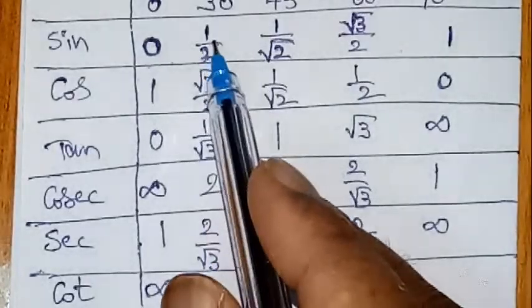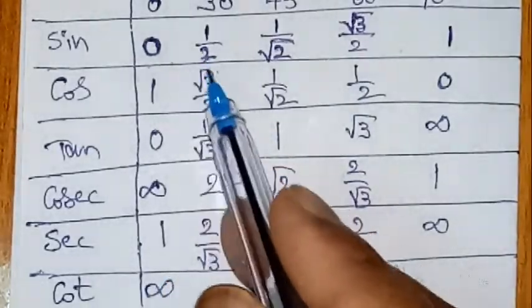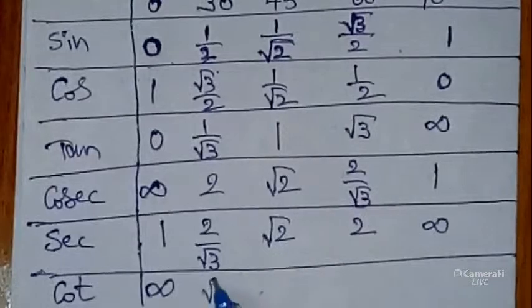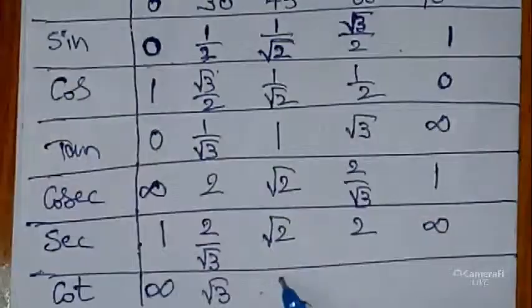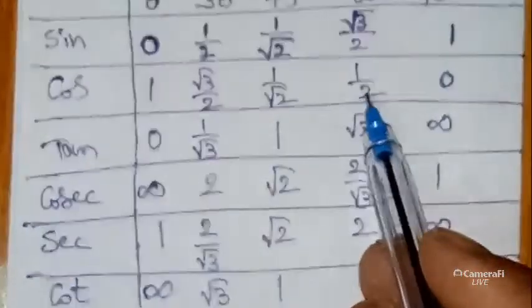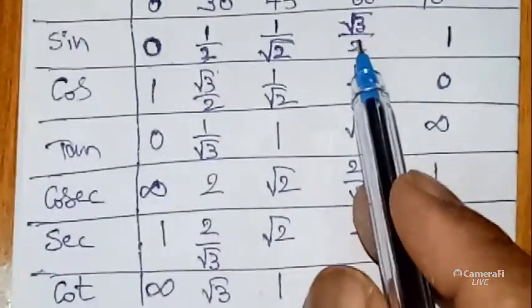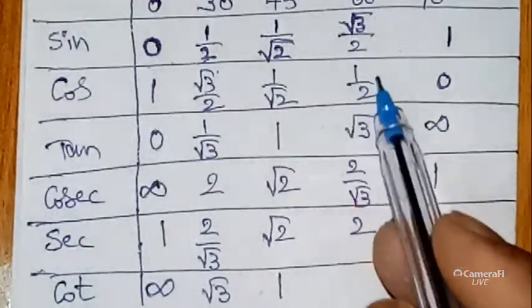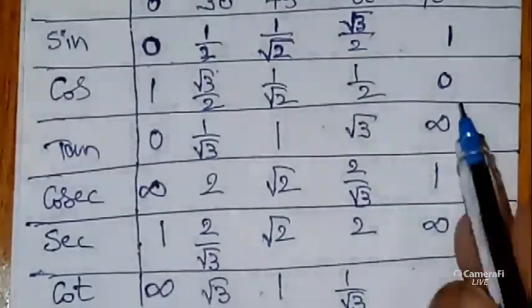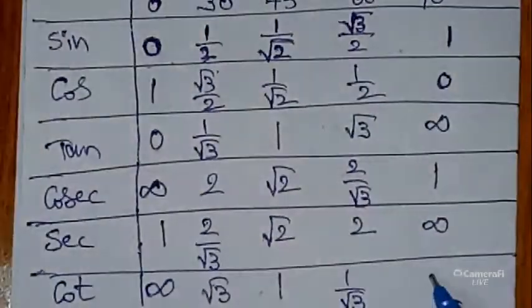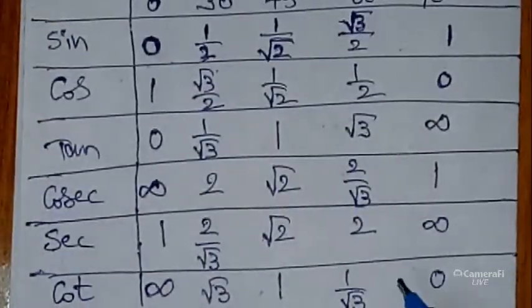Next, root 3 by 2 by 1 by 2, the 2 cancelled. Root 3 by 1 is root 3. 1 by root 2 by 1 by root 2, cancelled, 1. Next, 1 by 2 by root 3 by 2 cancelled, 1 by root 3. Next, 0 by 1 is 0.